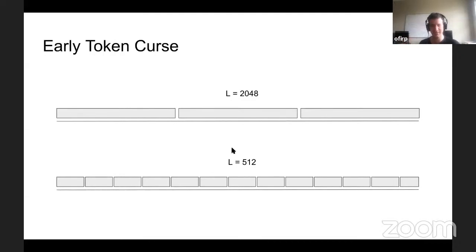So if you have two different language models, and one of them has inputs of size 2,000, the other has inputs of size 500, and you have this evaluation set that you want to evaluate with each one of these language models, then this really obvious thing occurs where the bigger language model has much more context for each one of its predictions than the smaller context language model. Because the smaller language model has to kind of start over every 500 tokens.